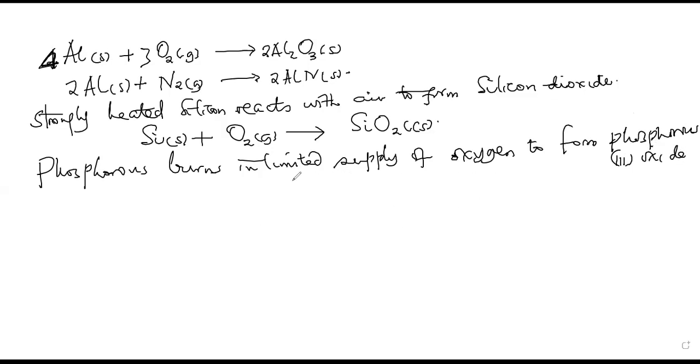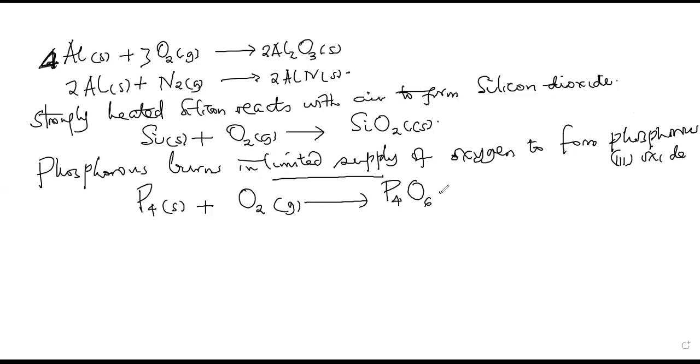So when there is a limited supply of air, we form phosphorus(III) oxide. Phosphorus is a tetratomic molecule which is burning in oxygen to form phosphorus(III) oxide, and that is in a liquid state.